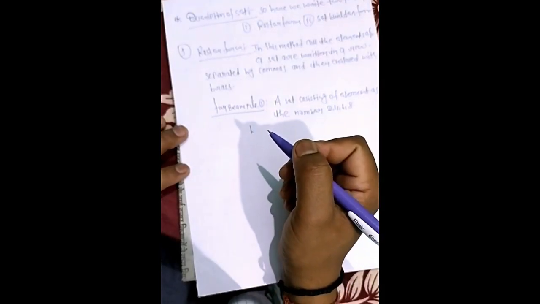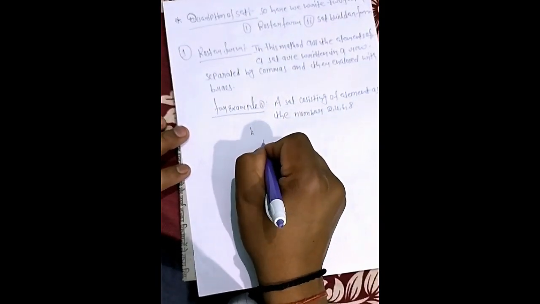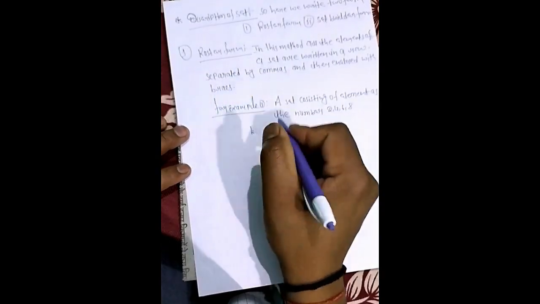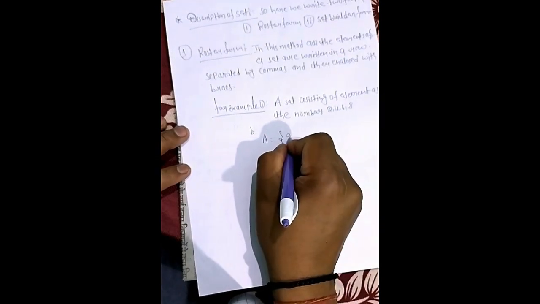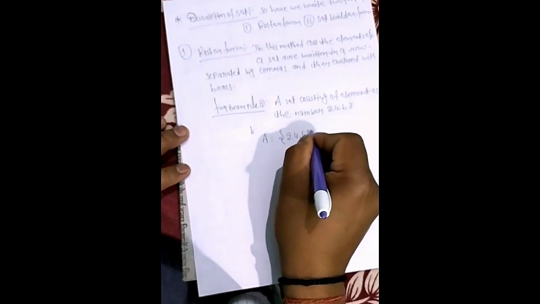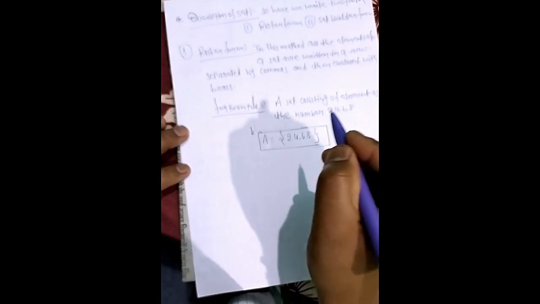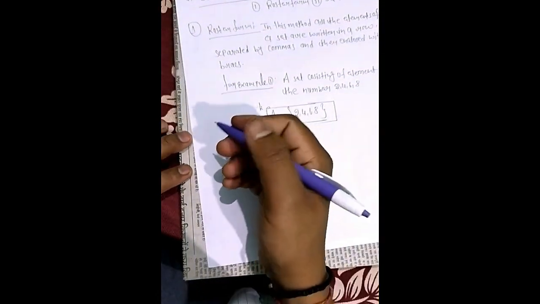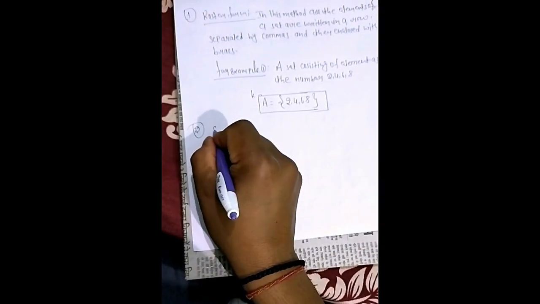Let us write the roster form: set A is equal to curly brackets open, and the elements are 2, 4, 6, 8. That is the roster form of the given example.